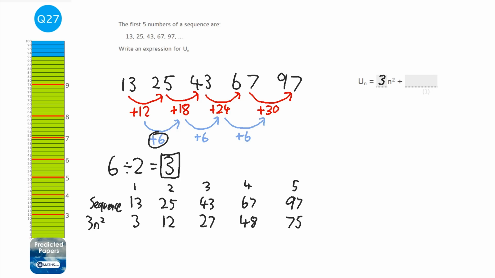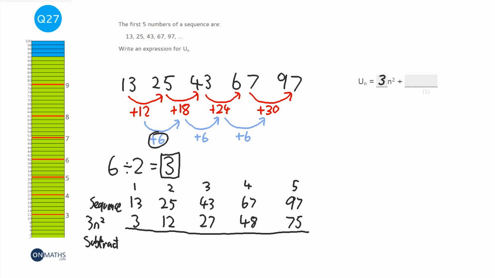Now what I want to do next is I want to subtract them. I want to do the sequence take away the 3n squared. We know that 3n squared is a part of it. We need to just take it away so we know what's left.